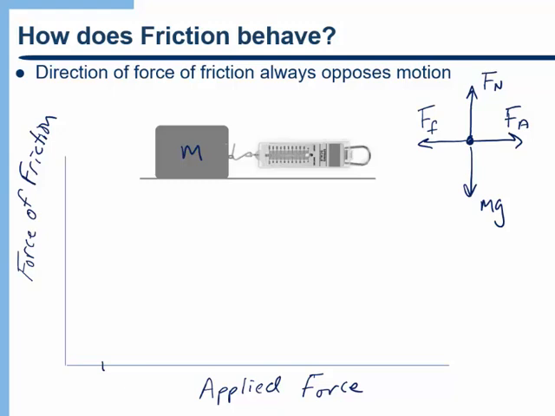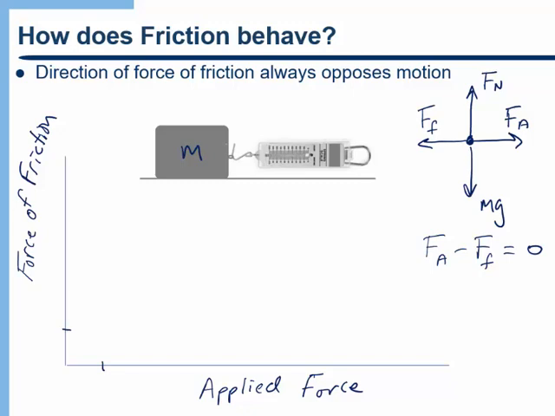Well, we know from Newton's laws that if an object is at rest, the net force has to be 0. So notice Fa minus the force of friction has to be 0 if the block doesn't move.